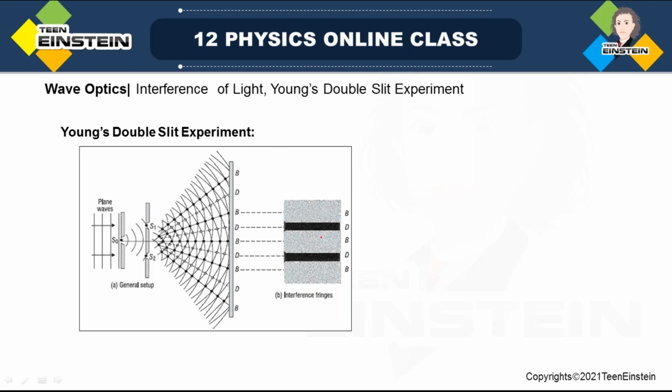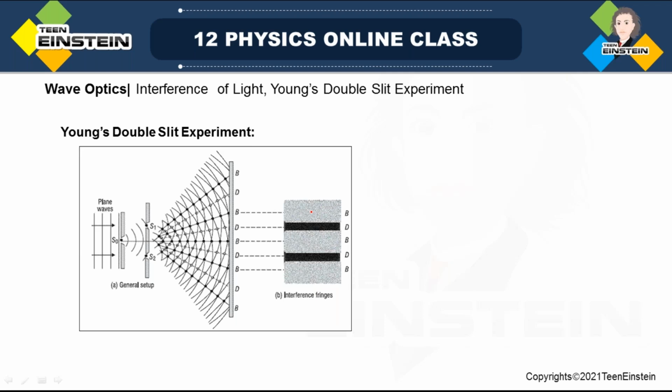alternating dark and bright fringes which are produced due to interference was demonstrated by Thomas Young using this very simple arrangement of experiment. So this is Young's double slit experiment.